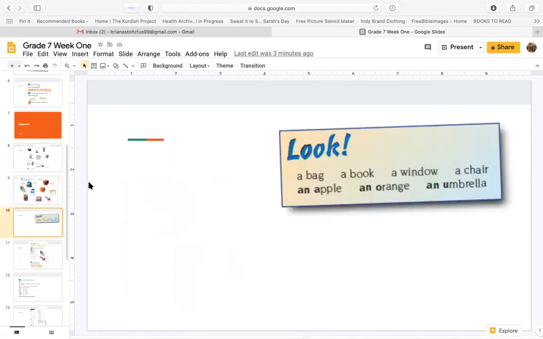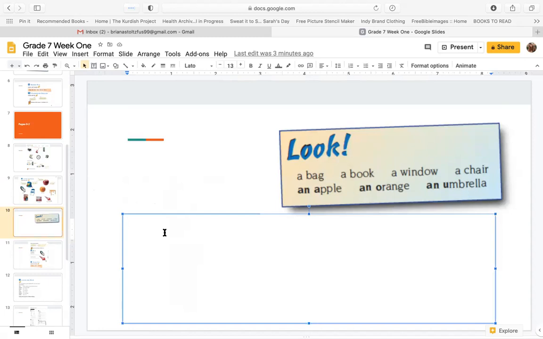So if you remember in class, we learned that if a word starts with a vowel, A, E, I, O, or U, then we use an before it, such as an umbrella, an elephant, an apple, an orange, an octopus.